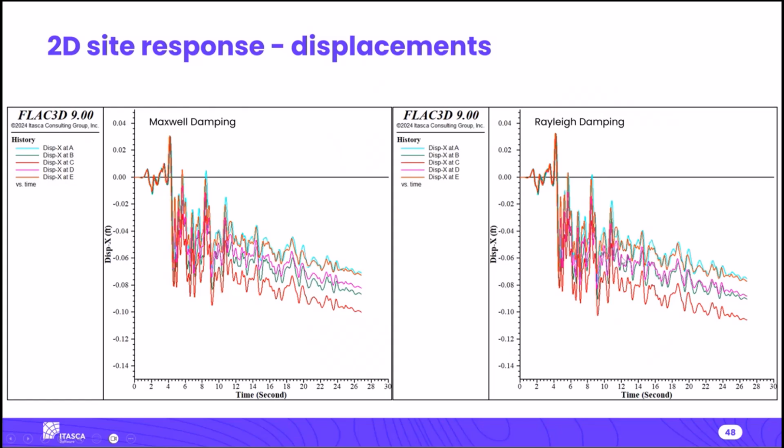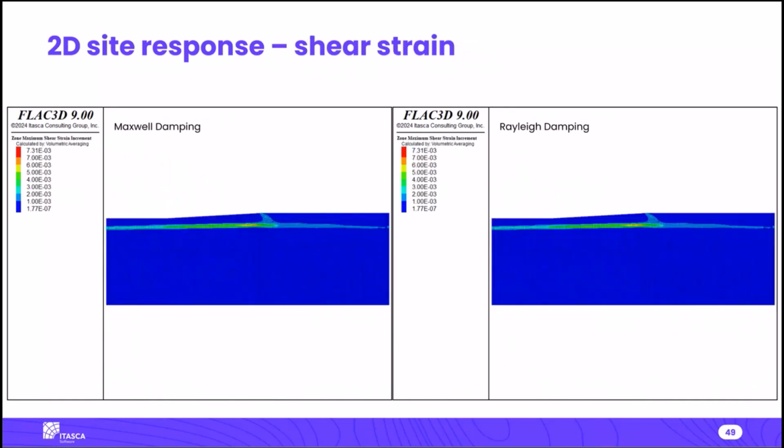Here is some selected displacement history for Maxwell damping and Rayleigh damping. We couldn't see any significant difference between these two damping schemes. It is almost the same, and the final shear strain distribution is also almost the same.